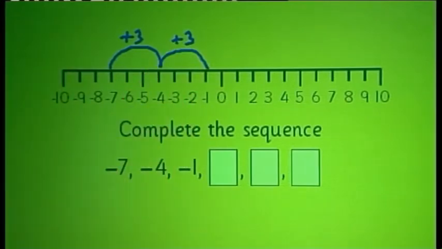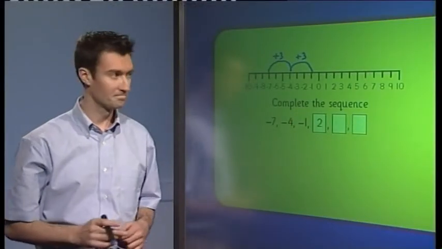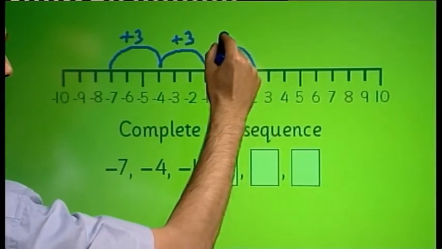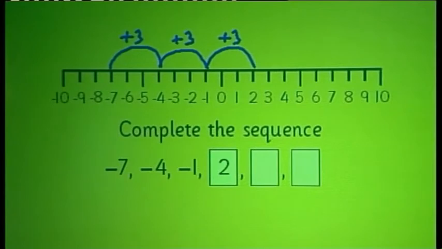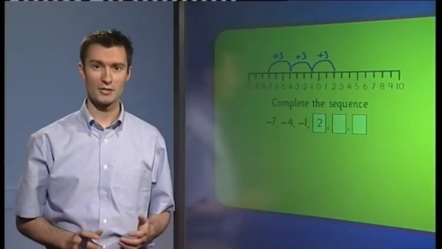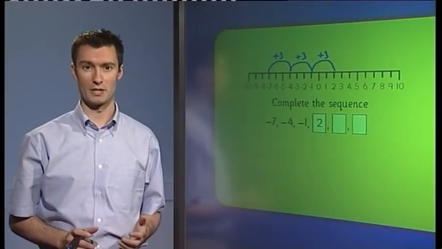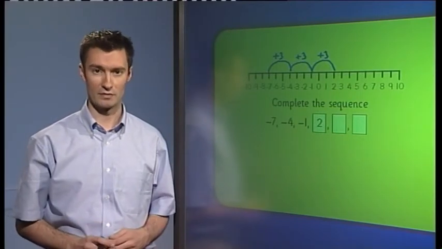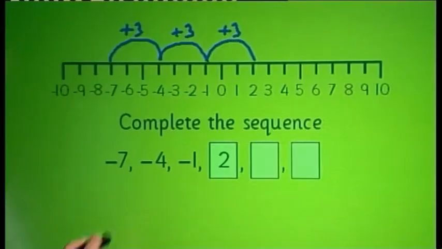So the next number in the sequence is positive 2. So that's a 2 in the first box. Now you can just look at the difference between numbers in the sequence instead of the number line. Adding 3 to negative 7 gets us to negative 4.